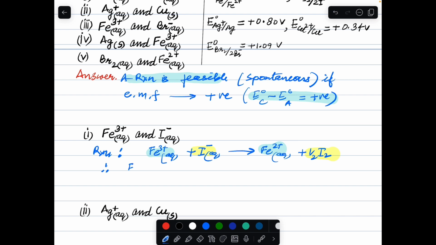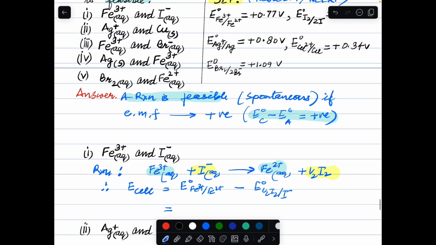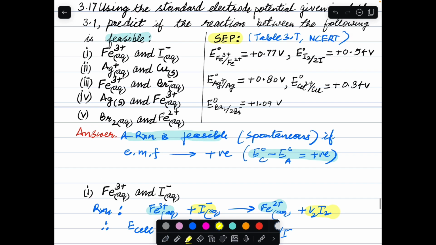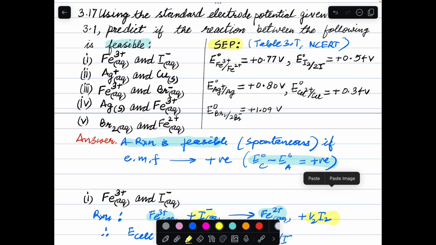Therefore E cell is equal to E naught Fe, that is cathode, Fe3+ to Fe2+, minus E naught for half I2 to I-. So therefore we will put down the values here.